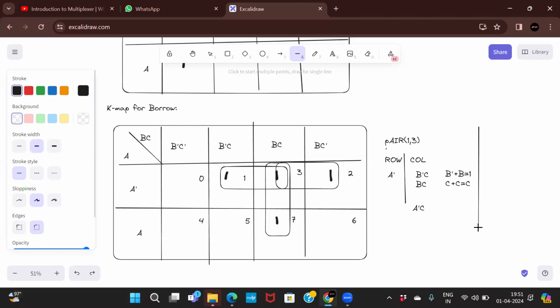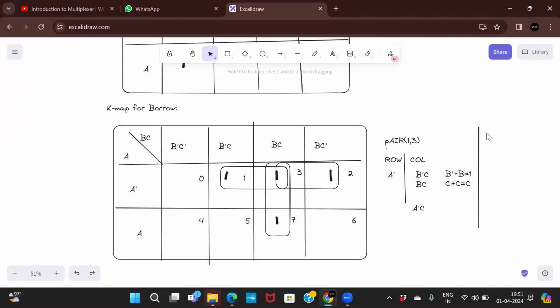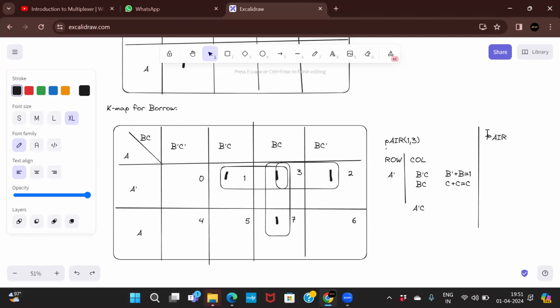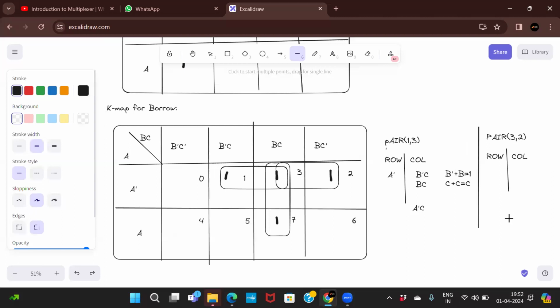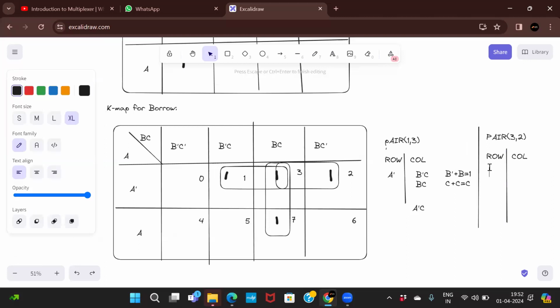Now come to another pair, 3 comma 2. Pair 3 comma 2. Row is A bar, and the columns are B C and B C bar.